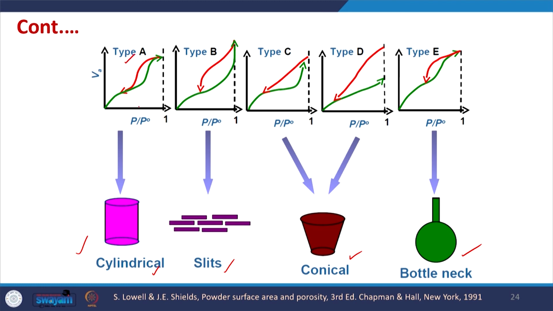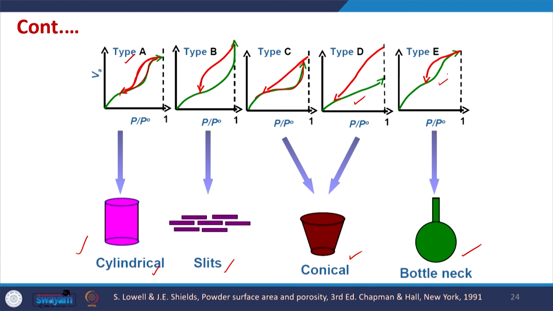In type A hysteresis behavior, you can see the difference, and it is sluggish, with an S shape. For type B there is not a very pronounced S shape; it diminishes very quickly. Type C is more linear. Similarly, type D and type E have differences.